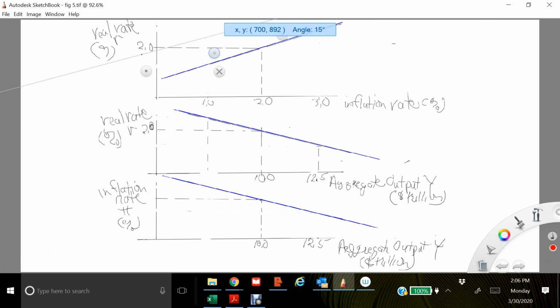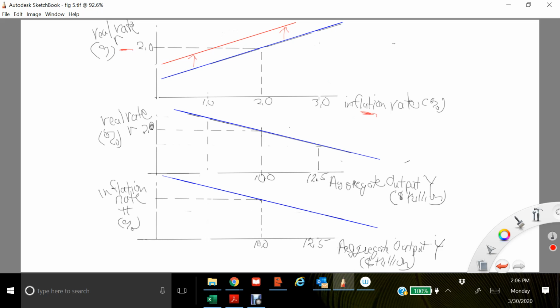So that's our curve up here. Okay, so we have a shift up because we have a tightening of monetary policy. That's an increase in the real rate at every rate of inflation.